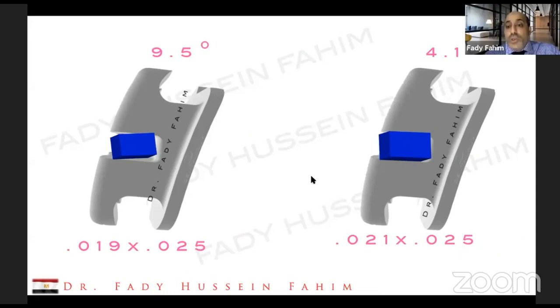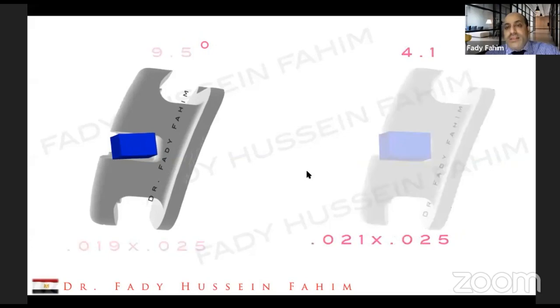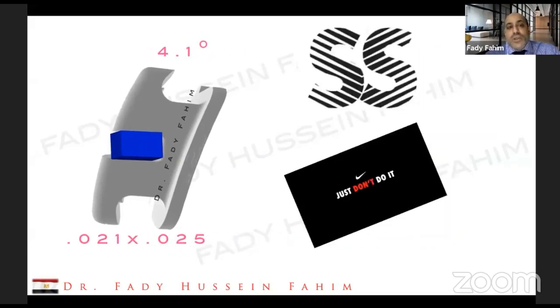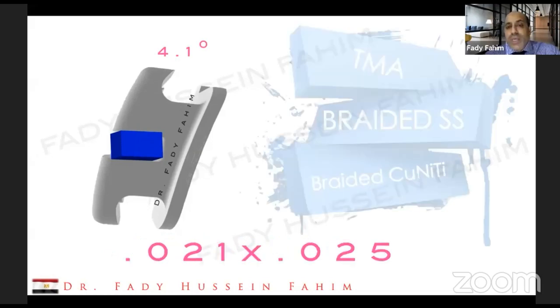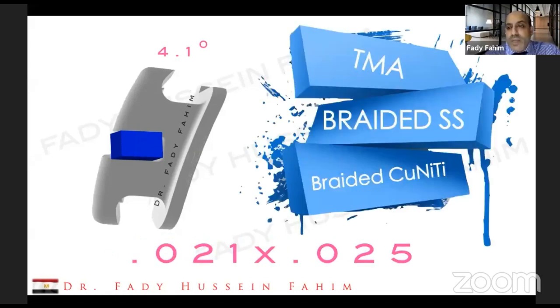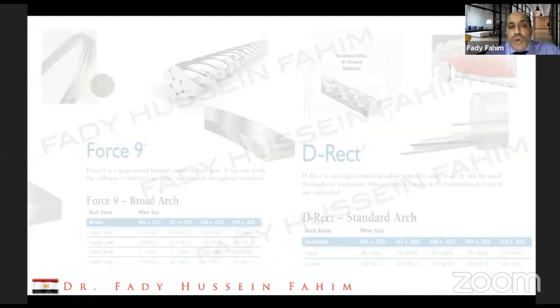However, you cannot use them in sliding mechanics. The teeth will not slide. So that's why we don't use them in sliding mechanics. Actually, I don't have 21 by 25 steel wires in my stock. If you want to express the full built-in torque in the brackets, you should go for the TMA, braided stainless steel, or braided copper tie wires. Don't go otherwise.